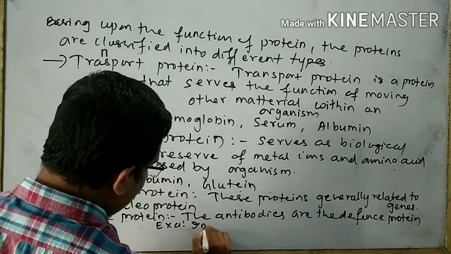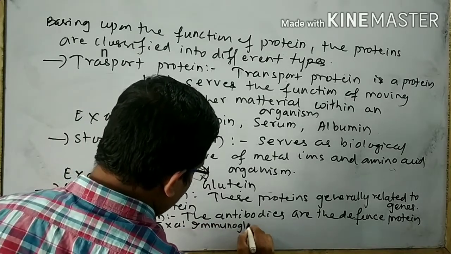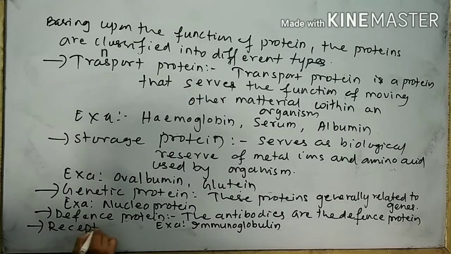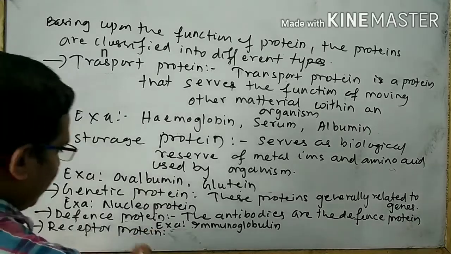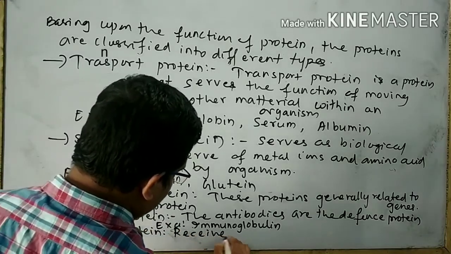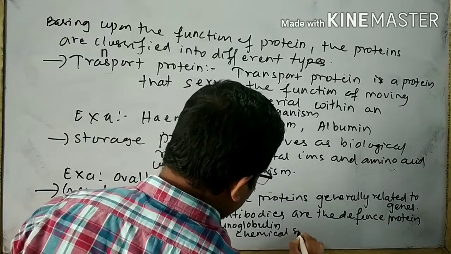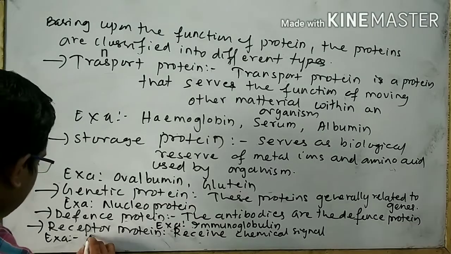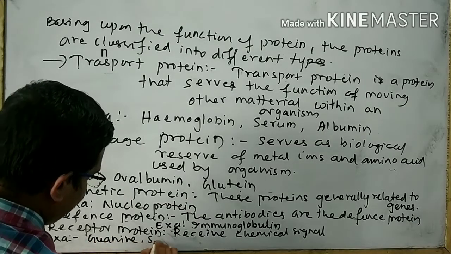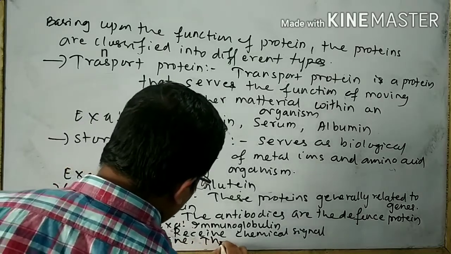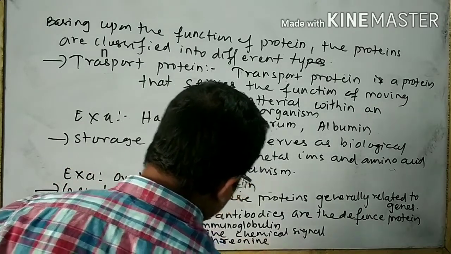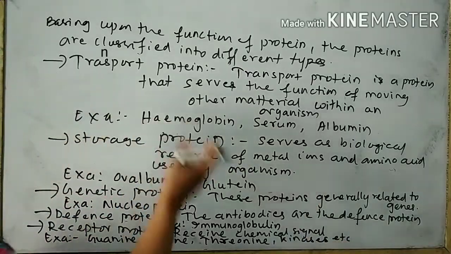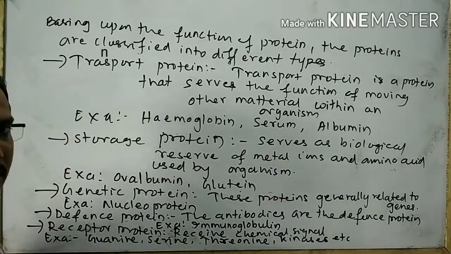Example is immunoglobulin. Next is receptor protein. These proteins receive the chemical signal, and the examples of these proteins are guanine, serine, threonine kinases, etc. This is the classification of protein depending upon their function.